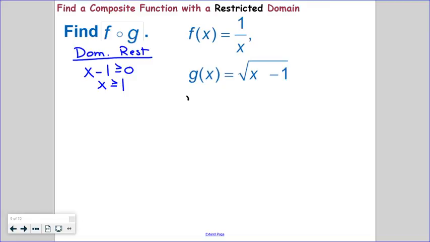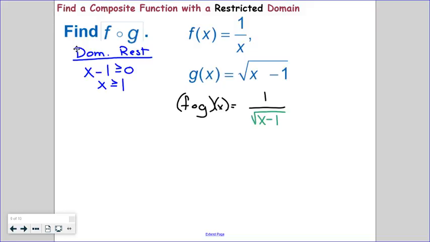Okay? So now I'm going to do f of g. F is 1 over x, and where there was an x, I'm going to put in g. Good so far? All right. Now, we have that on the back of our worksheet, and that says that we are not supposed to leave a radical in the bottom of our fraction, are we?